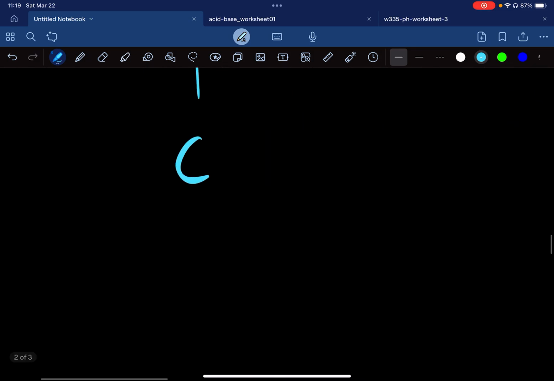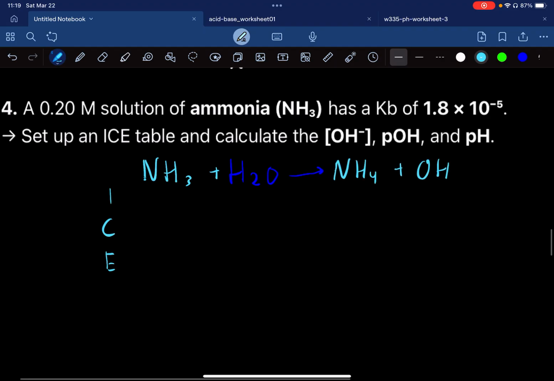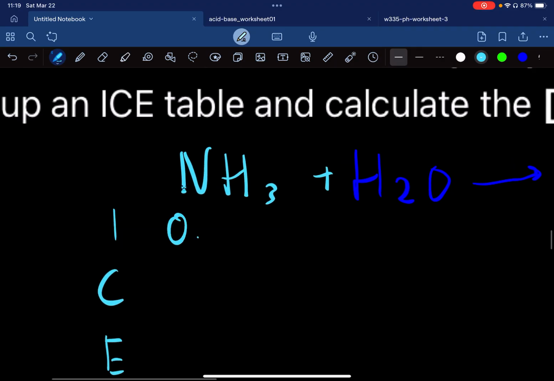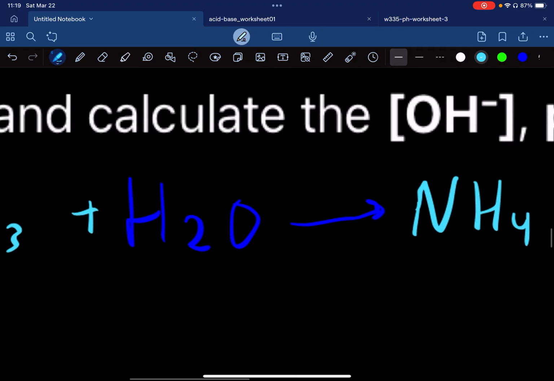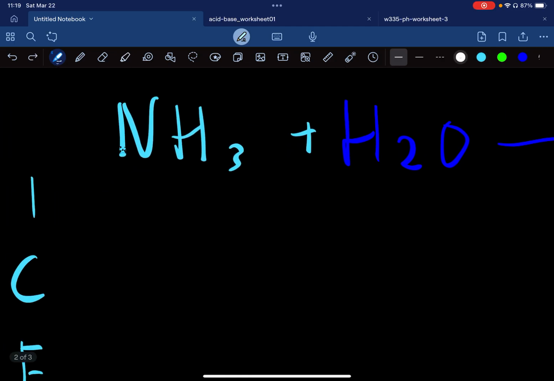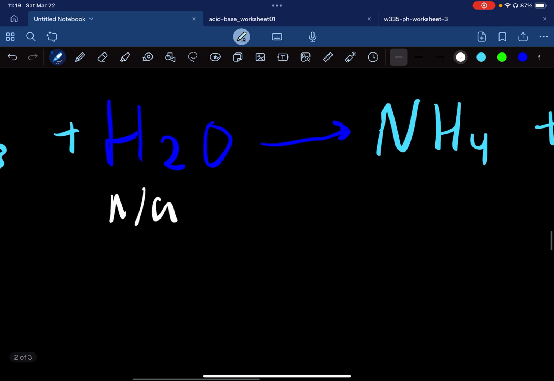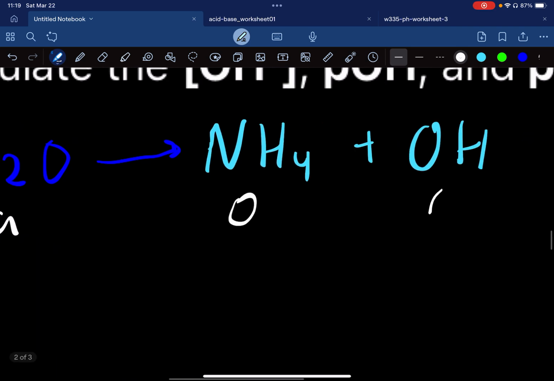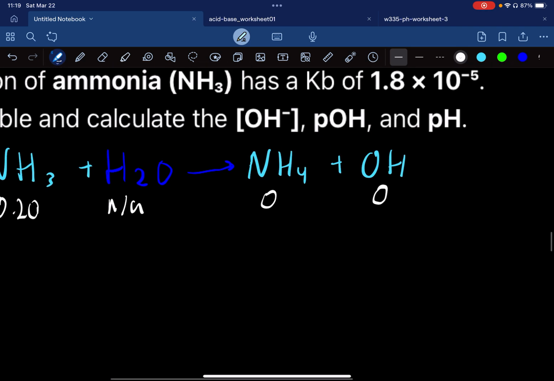I, C, E: initial, change, equilibrium. We start with 0.20. H2O is a liquid, so we're not gonna care about it. We don't calculate with it, so we're gonna put NA because we don't care about it. 0 and 0. It's important to find the concentration of OH.